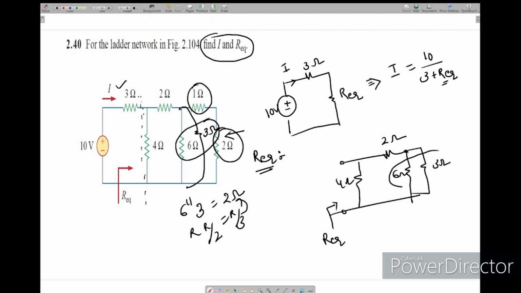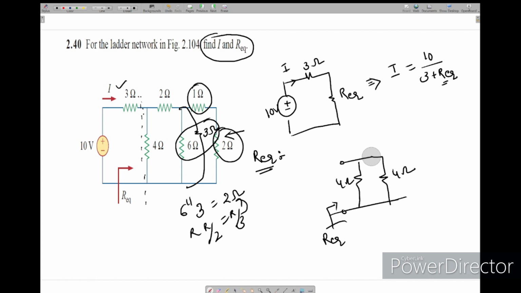We see these two replaced by a 2 ohms resistor. Now I will replace this with a 2 ohms resistor. This is 2 ohm. Again if you see now, this 2 ohm and 2 ohm are in series. So the entire network will be replaced with a 4 ohm resistor. This is now 4 ohm.